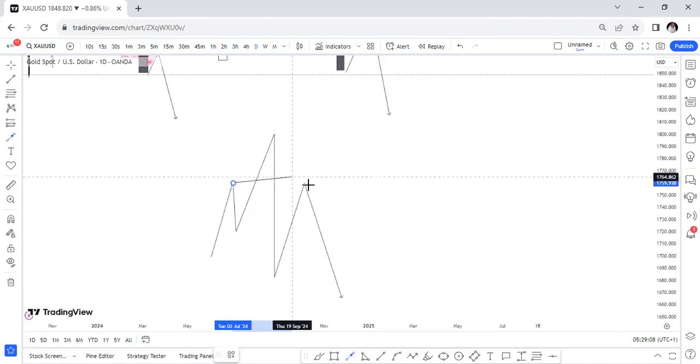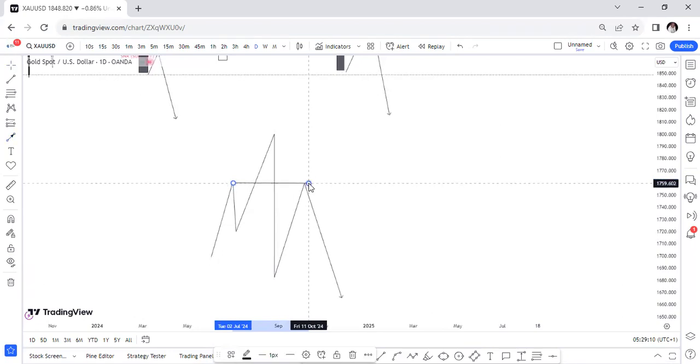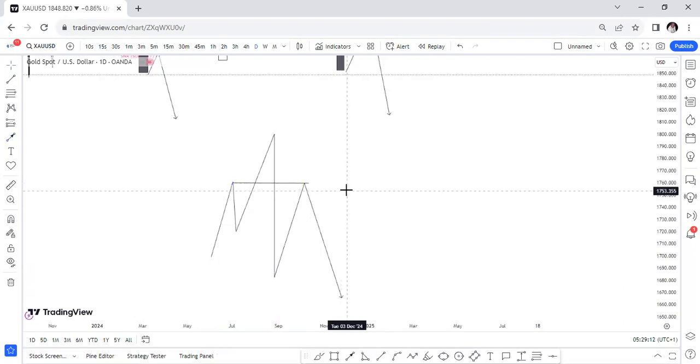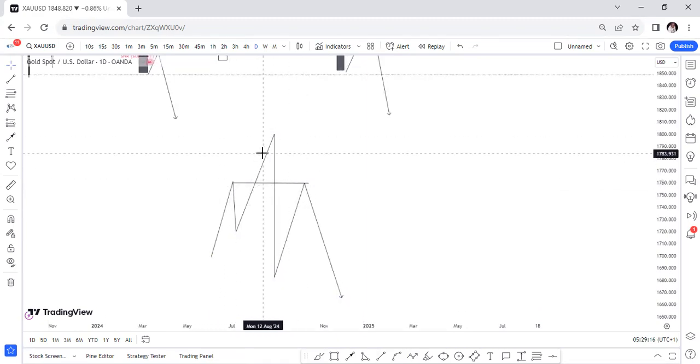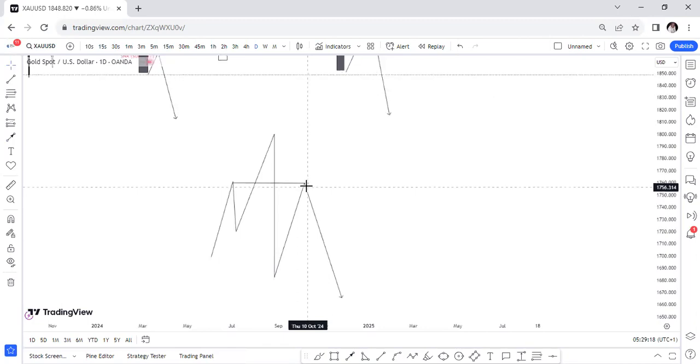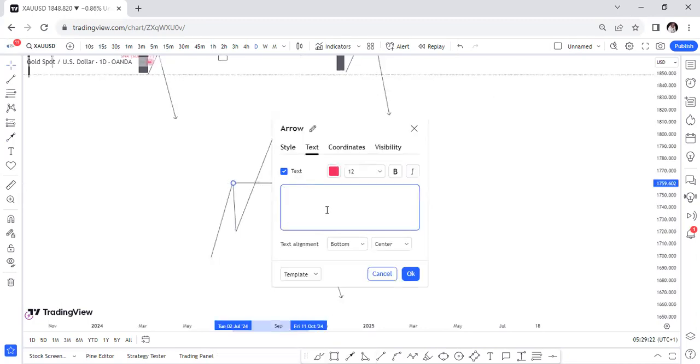So you mark it up like this. So this is the HNS. This is the left shoulder, while this is the right shoulder, and this is the head. So it could be termed as HML.